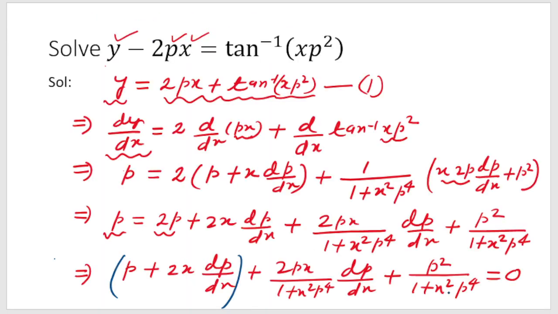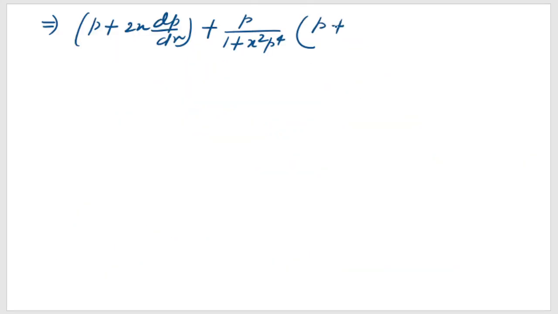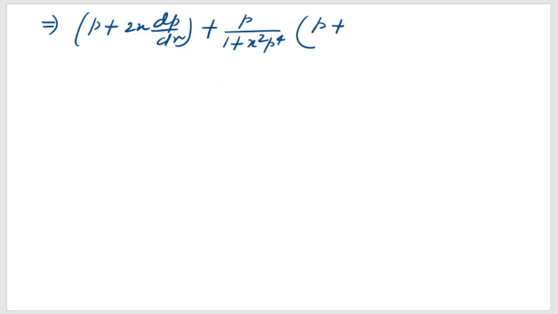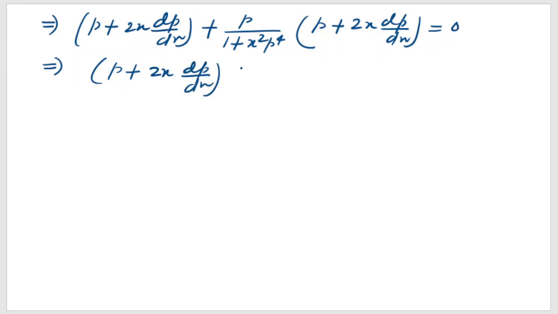If I take that term common, from here I get p, and from the other term I get 2x dp by dx, is equal to 0. Now in the next step, I can take p plus 2x dp by dx, and here we have 1 plus p by 1 plus x square p to the power 4 is equal to 0.